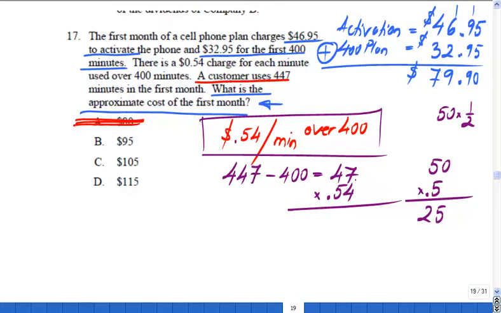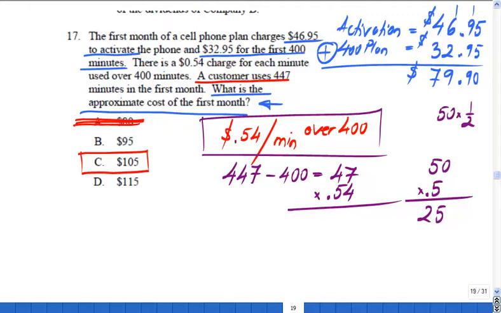And if you want, you can go ahead and perform that multiplication, 47 times 0.54 here, and see if you get the same answer. And I can guess, like I said, we may have some mistakes going on in here. I can see that actually the best option here for me seems to be C, because C is 105.